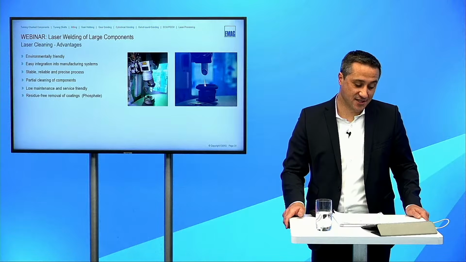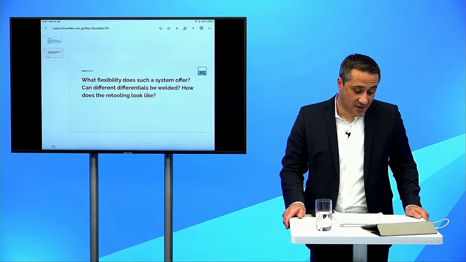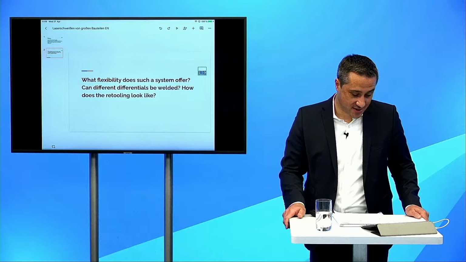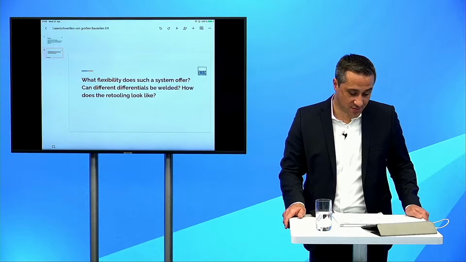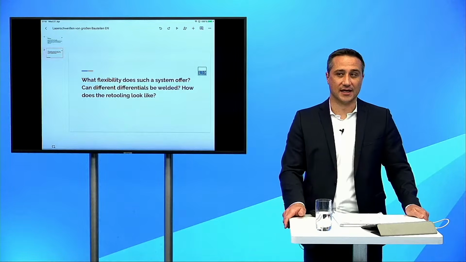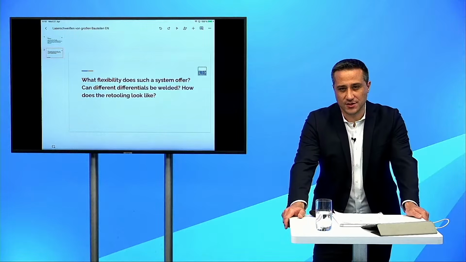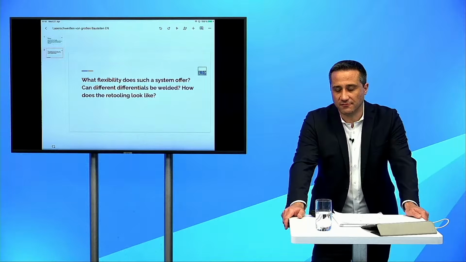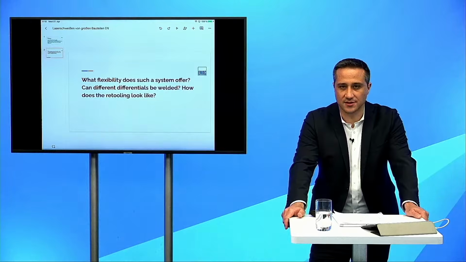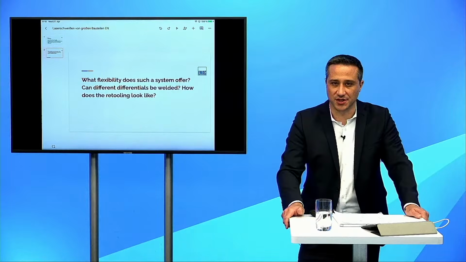And next question: what flexibility does such a system offer? Can different differentials be welded? What does the retooling look like? In general, our goal is to offer you a flexible machine which is able to realize different products on the same machine without any manual changeover.